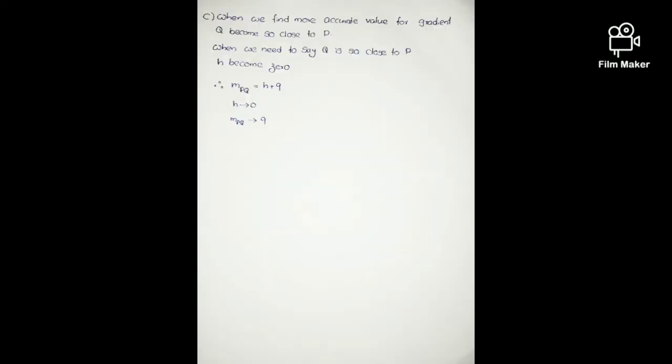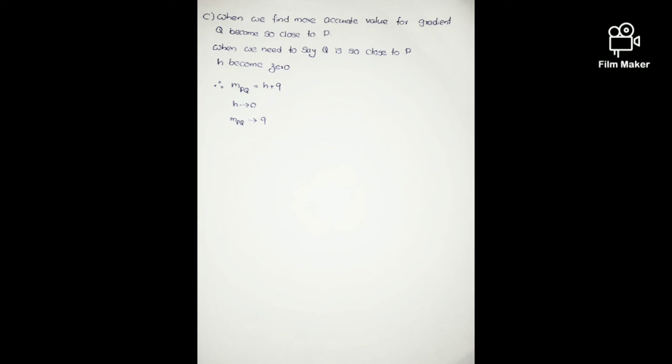Let's try to understand how to do question 3 part C. In this question, they discuss properties of derivatives. If you want to find a more exact value for the gradient of a curve using a tangent, we need to find two points P and Q which are close to each other.